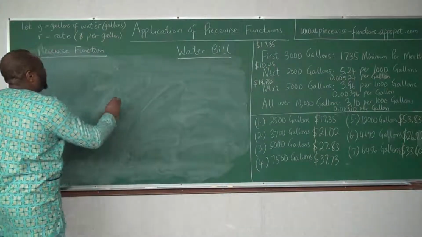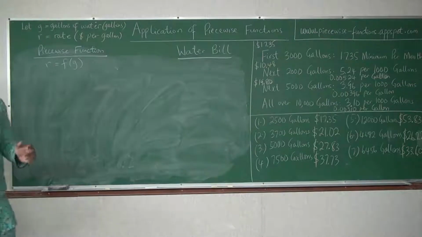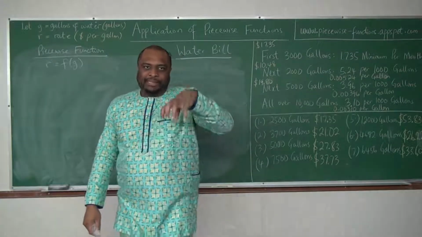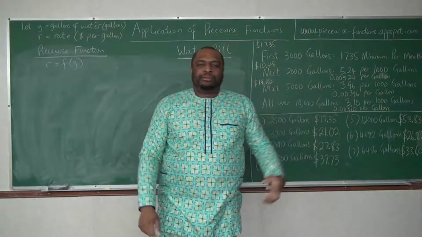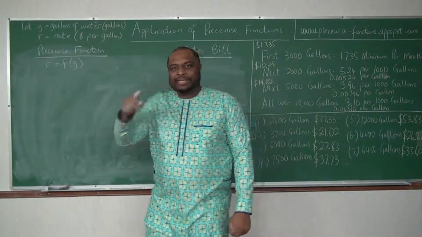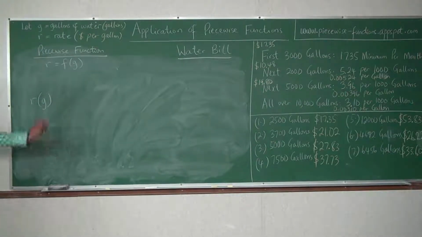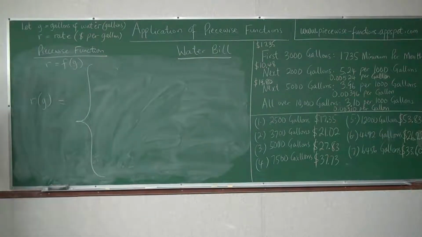The rate is a function of the gallons, not the gallons a function of the rate. So R of G is equal to, and we write the brace. This is a brace. We call it braces.